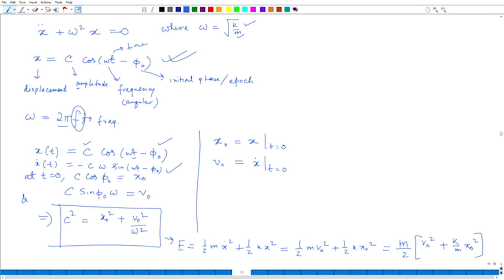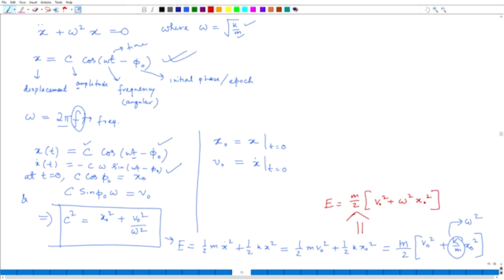Okay. I think I have not done any mistake, yes, and this is again omega square. So, I have another relation which I can write immediately here, that is E is equal to m by 2 times v 0 square plus omega square x 0 square.